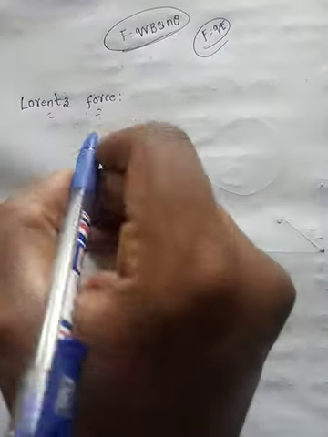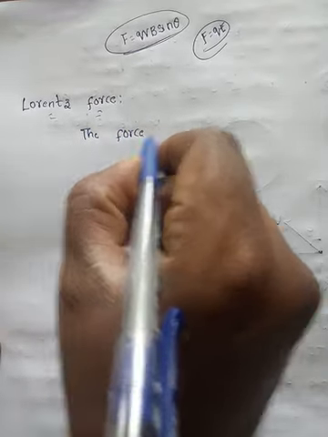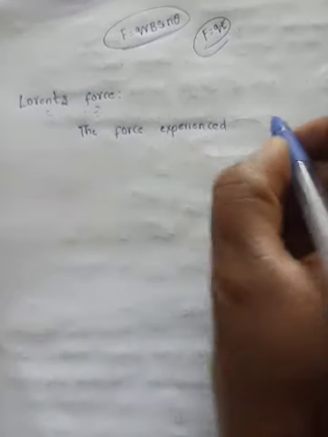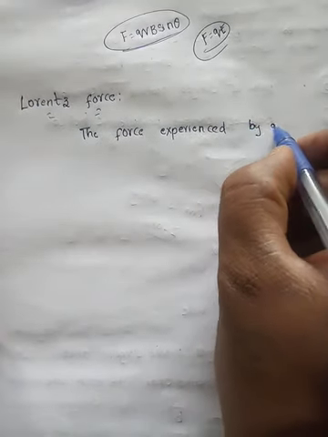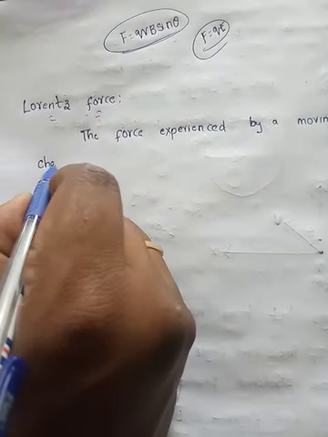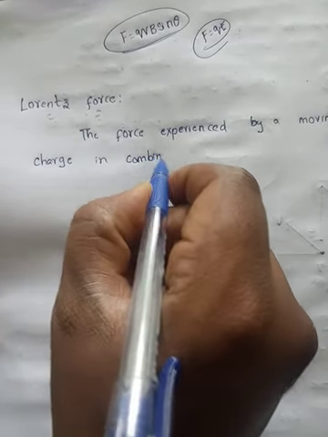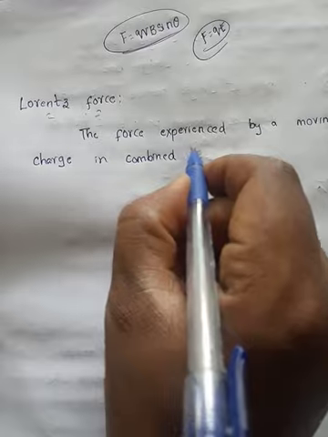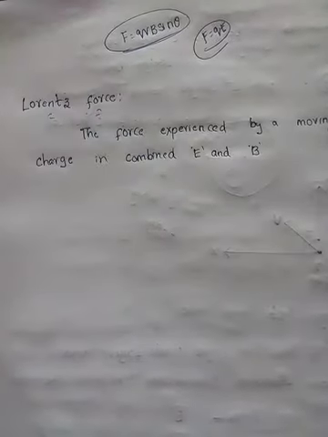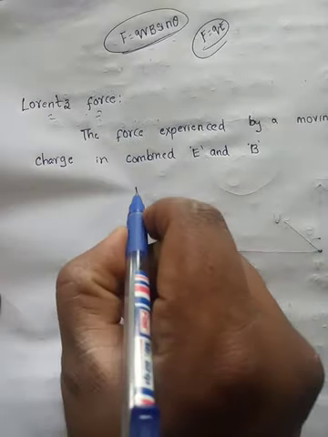What is Lorentz force is very simple and important for 2 marks: that is the force experienced by a moving charge in combined electric and magnetic field. So, we are applying both electric and magnetic field. It experiences both electric force and magnetic force, that is called Lorentz force.